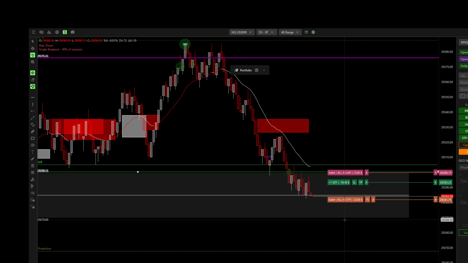And it did come back to 50% of the range. So I give it a few ticks of a buffer. And let's hope now it just rips up and we make our little $13 and do not lose $23.